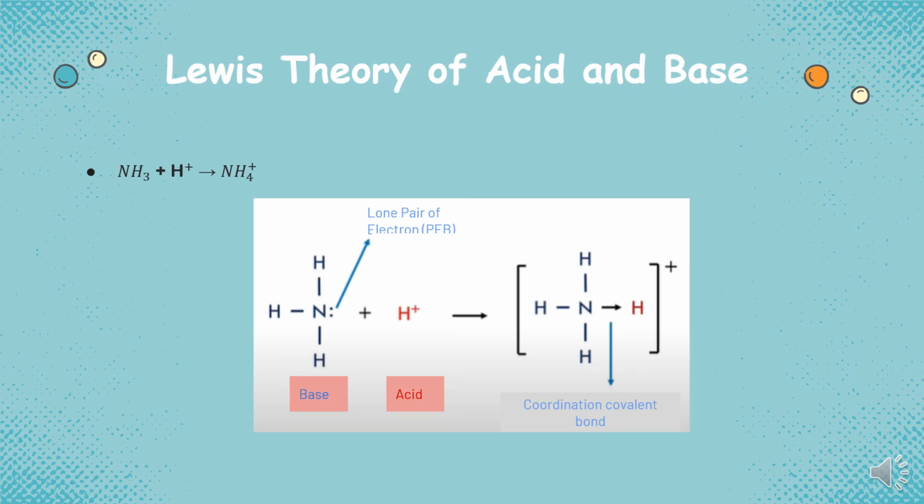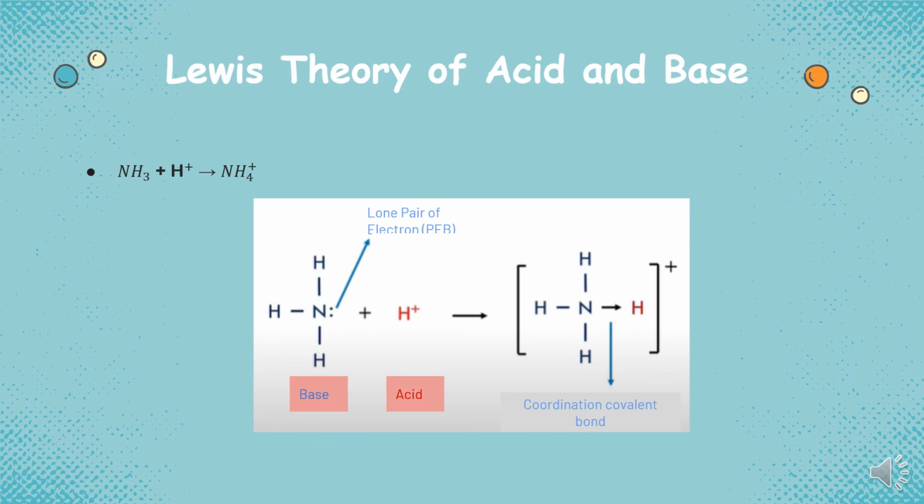The second example is the reaction between ammonia plus H+ forming ammonium. We can describe the structural formula of NH3 or ammonia with N as the central atom, which has one lone pair of electrons.